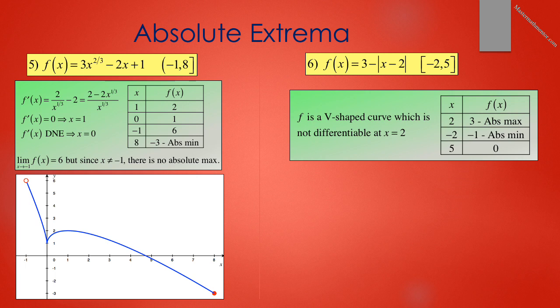F of 2 is 3, f of -2 is -1, and f of 5 is equal to 0. So this curve has an absolute max at x is equal to 2 and an absolute min at x is equal to -2. The absolute max is 3, the absolute min is -1.